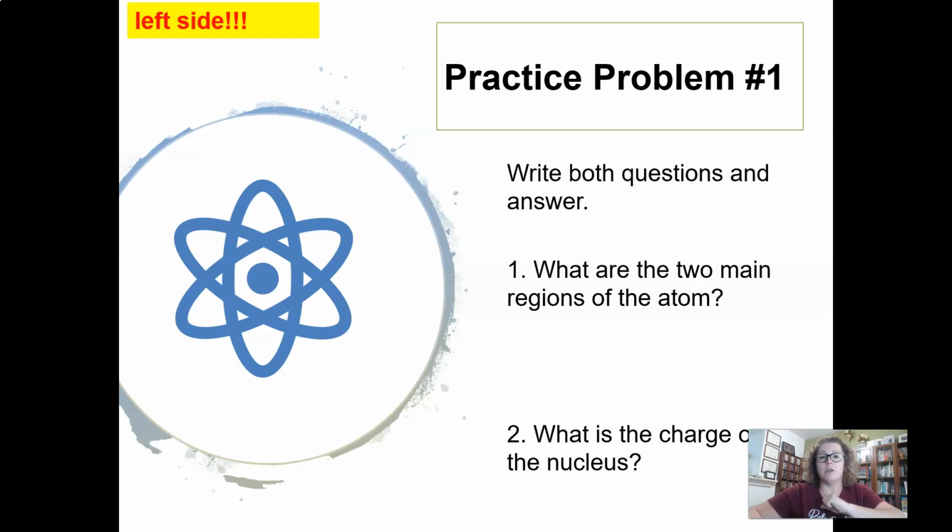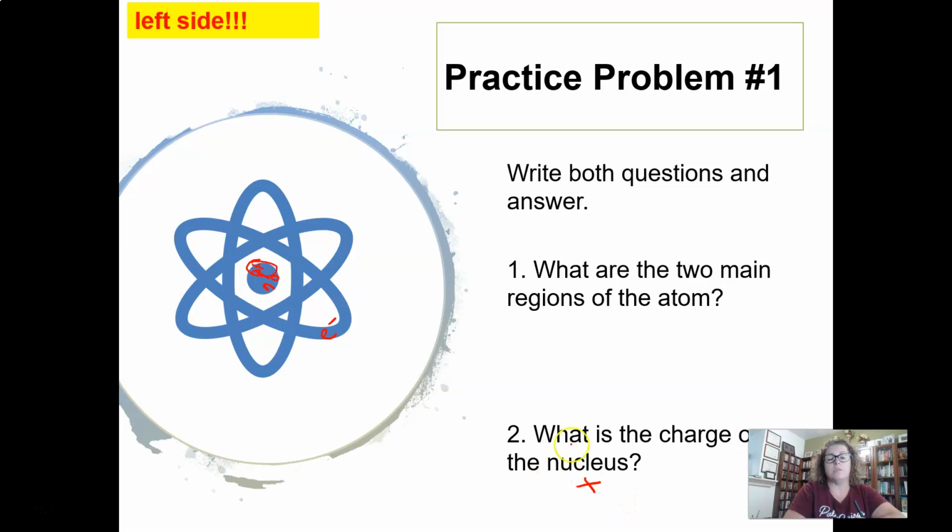I didn't say what's the charge of the atom, because you have to remember in your drawing, inside the nucleus you have those protons that have that positive charge, and you have those neutrons that are neutral. Then you have these electrons roaming around the nucleus, and that positive is the only charge in that nucleus. So the charge of the nucleus is positive.